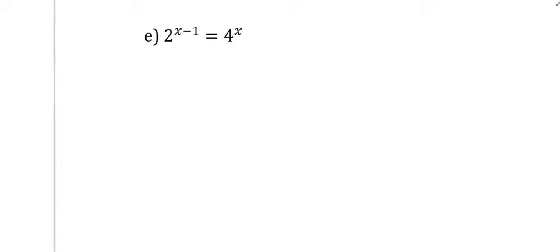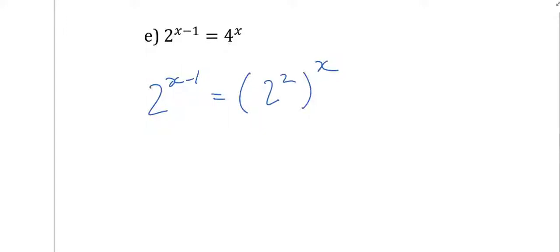What can I change them to? Kenzie? Nice. So 2 to the x minus 1 equals something to the x, and 4 is 2 to the 2. 2 to the x minus 1 equals 2 to the 2, all to the x. The bases are the same, but this has brackets and stuff going on here, so I don't think we're quite ready yet.